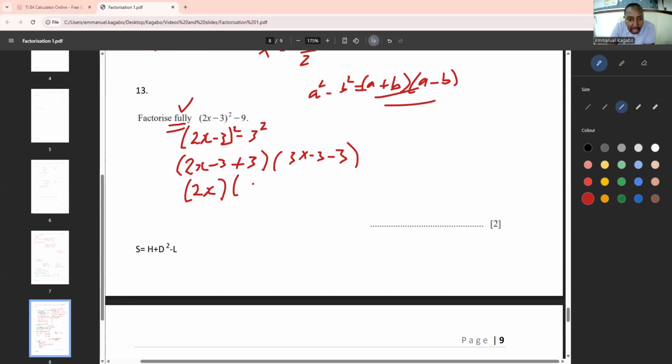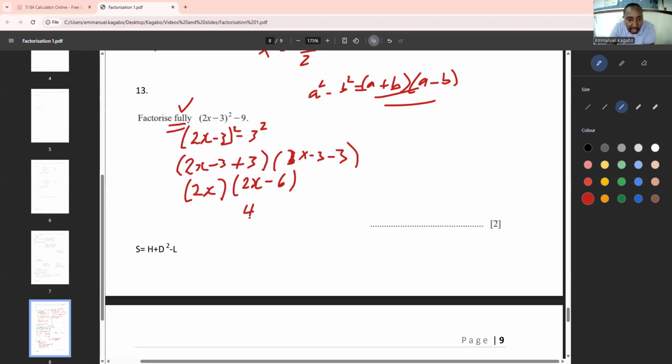What about here? This is 2 here, guys. So it's going to be 2x minus 6. That is it. But they said fully factorized. So to make it easy for you, let me distribute and then factorize for you.